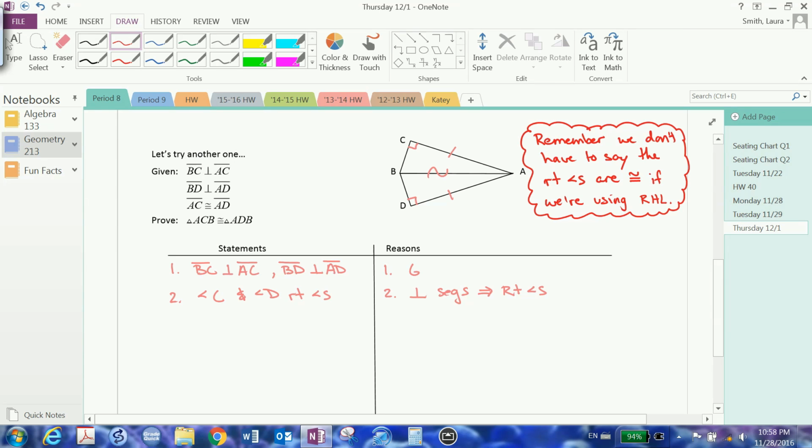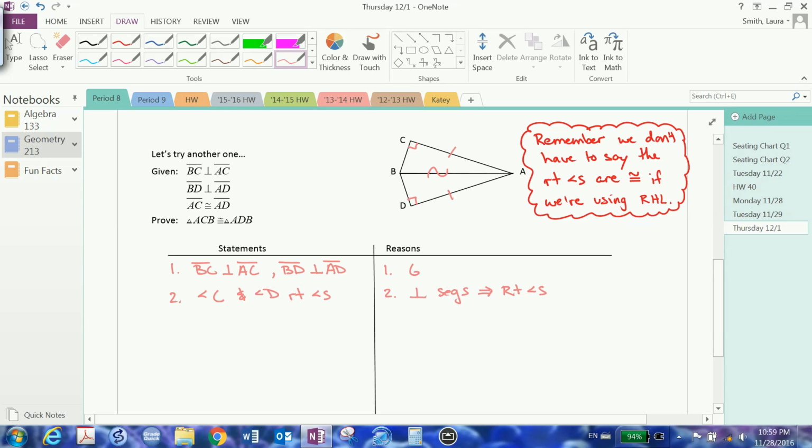We don't have to say that those right angles are actually congruent if we're using RHL, because remember what the letters stand for: right, hypotenuse, leg. So if I say that they're right angles, that's enough. I don't have to then say that they're congruent. This is the only one. If we're going to use side angle side or angle angle side, then in those cases you have to say that the angles are congruent.